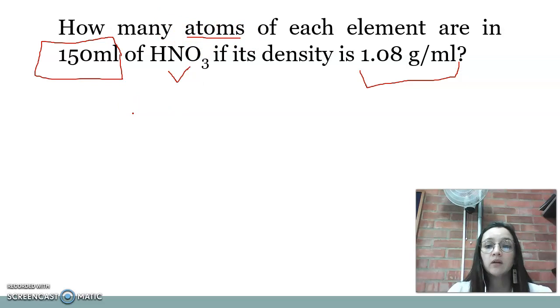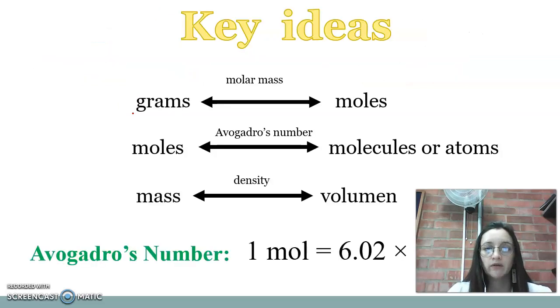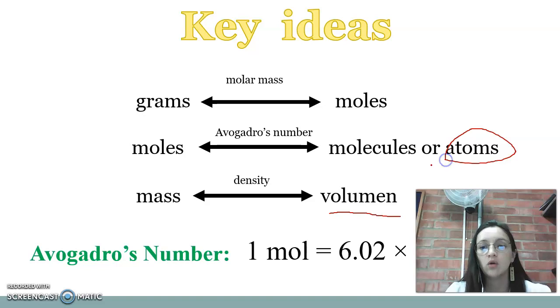If we go to the summary of the key ideas that I have just mentioned, they are also summarized here, just without words, but it's exactly the same thing. So you were given an amount in volume, and somehow you need to get to atoms. This is going to require a few steps. It's not only one conversion factor, but a few of them.